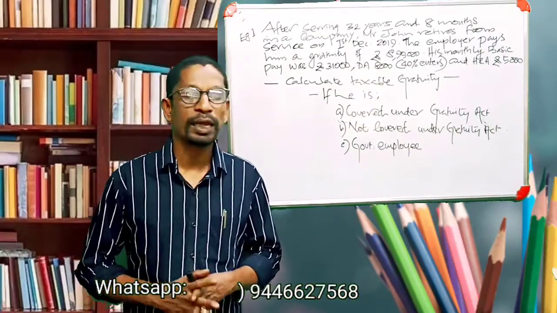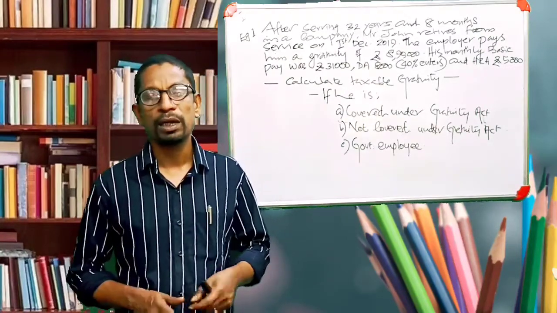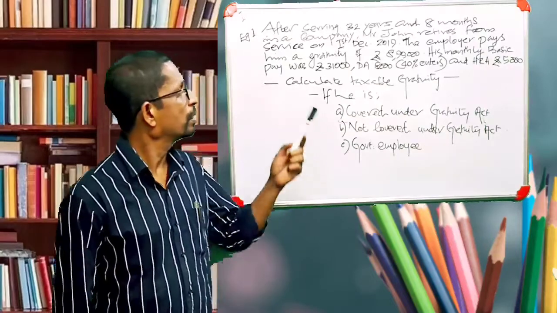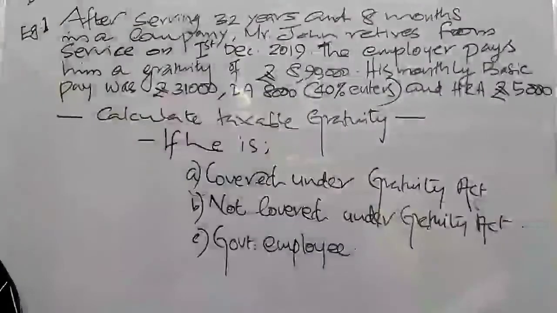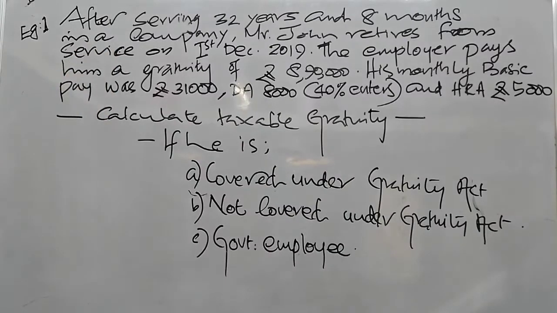Okay, so today we are solving one question. Say, for example, now listen here. After serving 32 years and 8 months in a company, Mr. John retires from the service on 1st December 2019. The employer pays him a gratuity of rupees 8,90,000.